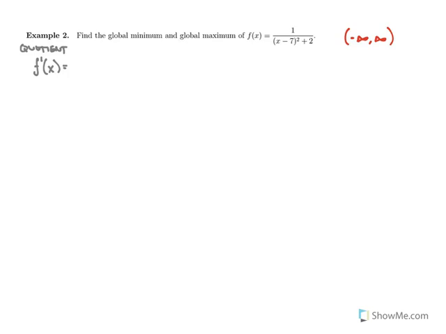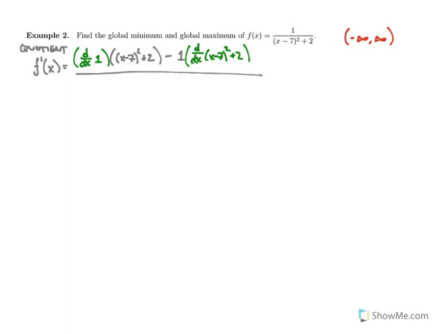So we'll do the derivative of the top, which is just going to be 0, times the bottom, x minus 7 squared plus 2, minus the top, 1, times the derivative of the bottom, x minus 7 squared plus 2, all over the bottom squared.